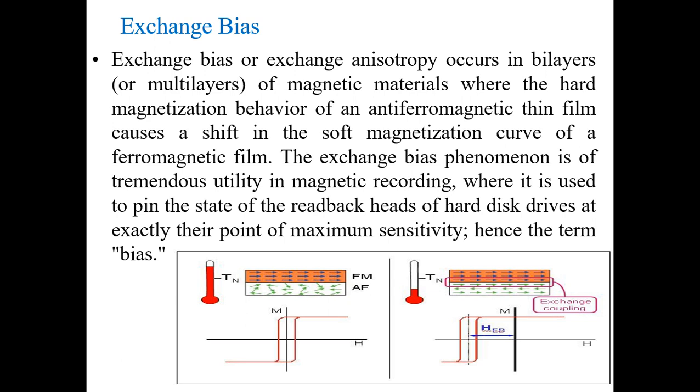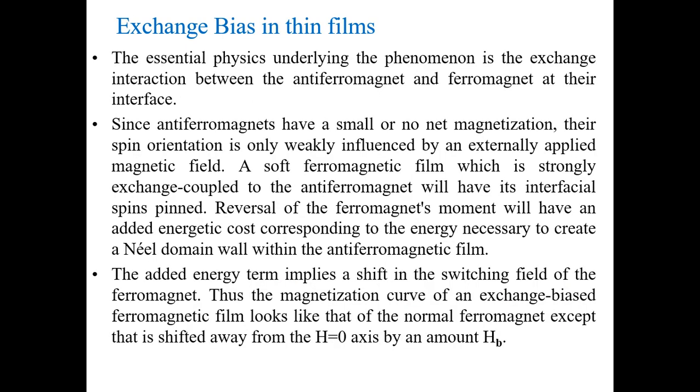The exchange bias phenomenon is of tremendous utility in magnetic recording, where it is used to pin the state of the readback heads of hard disk drives at exactly their point of maximum sensitivity. So this exchange bias is very famous in thin films and originated in thin films.